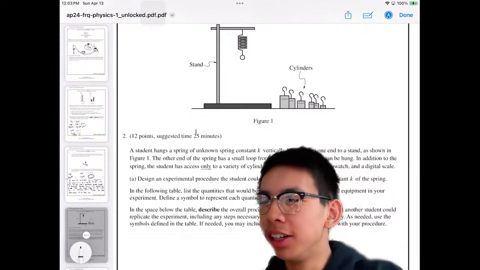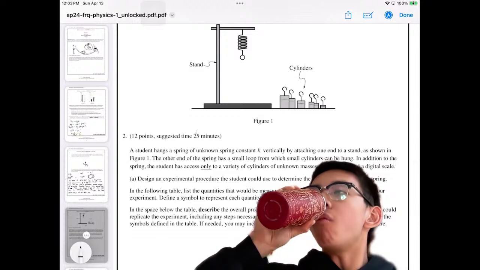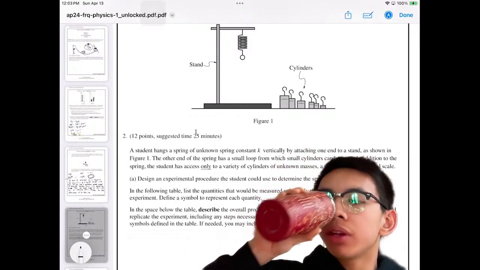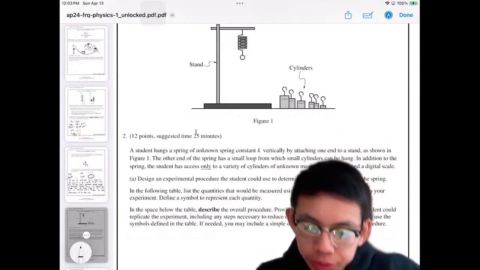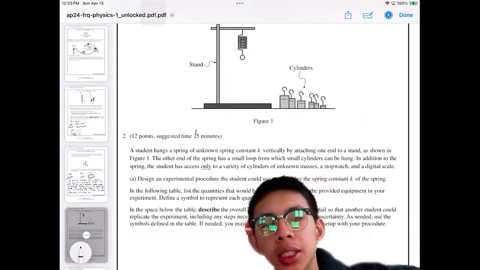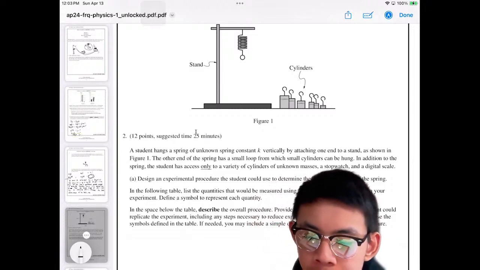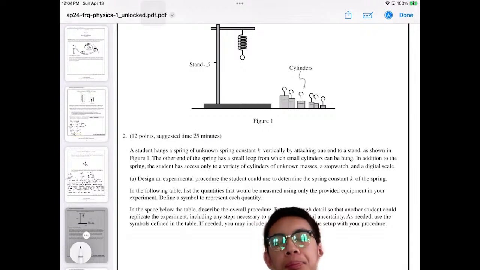So I'm basically given the spring, unknown masses, a scale and a stopwatch. I need to design an experimental procedure the student can use to determine the spring constant k of the spring.